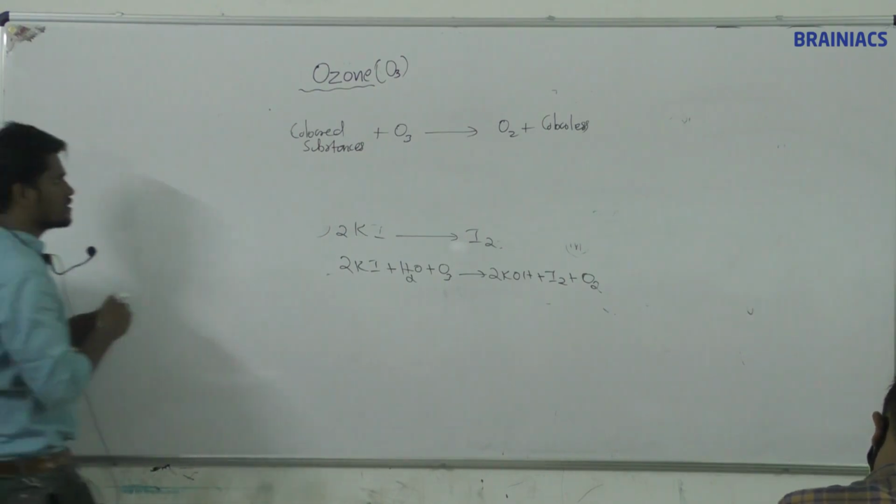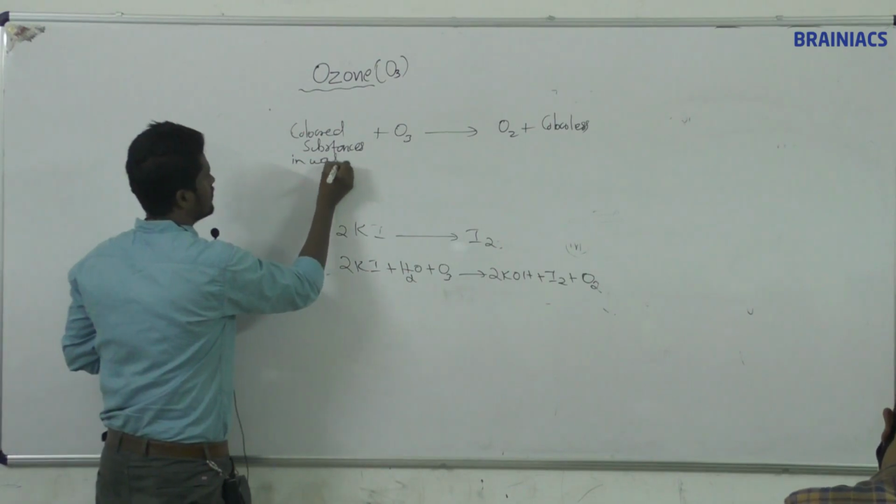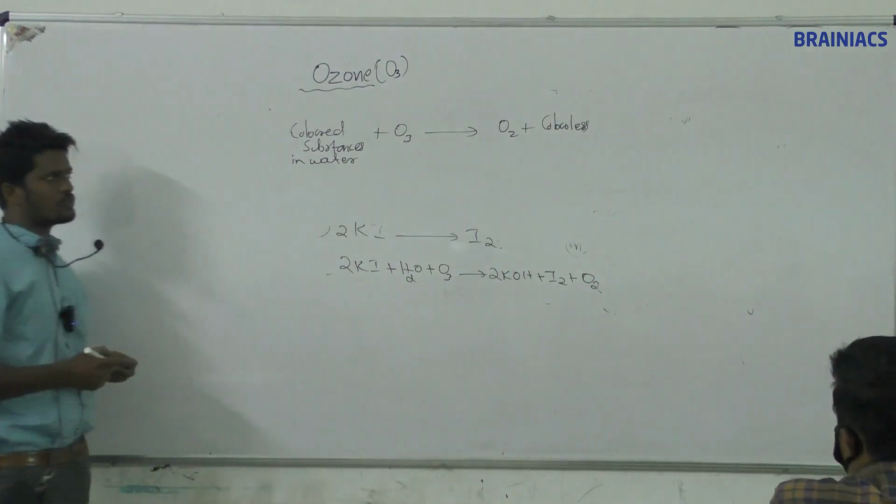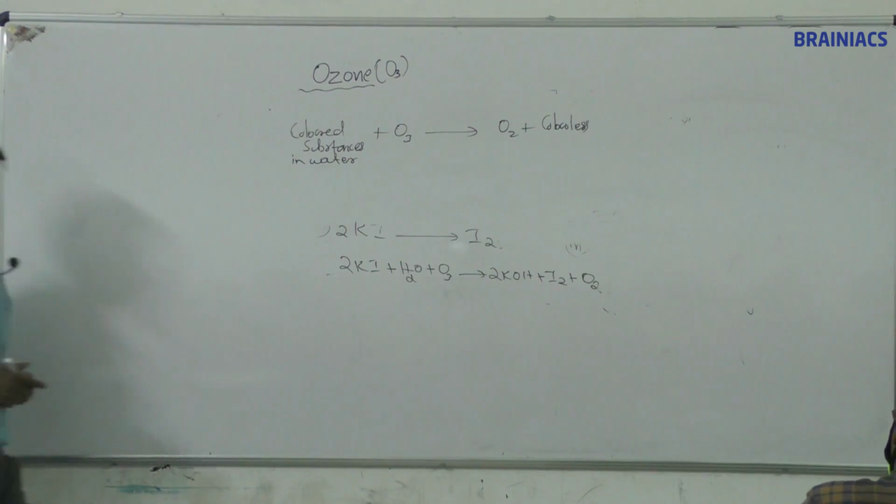So colored substances in water plus ozone gives O2 plus colorless water.